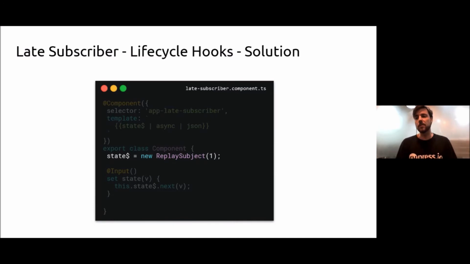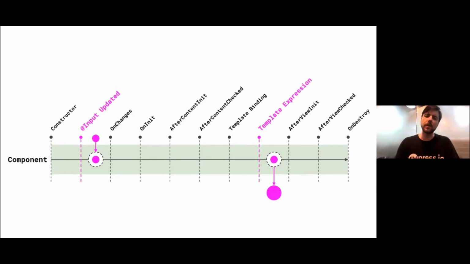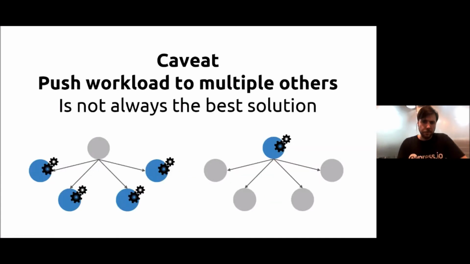Maybe this is not the best choice for a solution, because it is just a quick fix, and I want to mention several caveats here. First, you see we have this purple circle showing up in our template, but what are the caveats? The first caveat is you push workload to all the others.